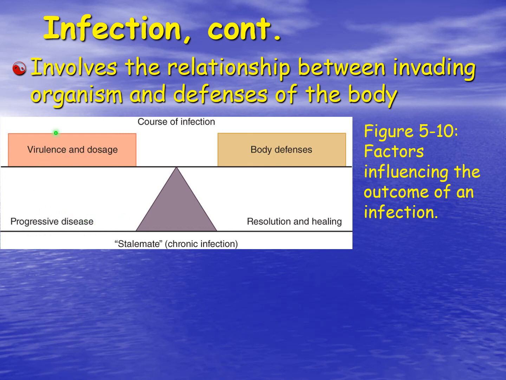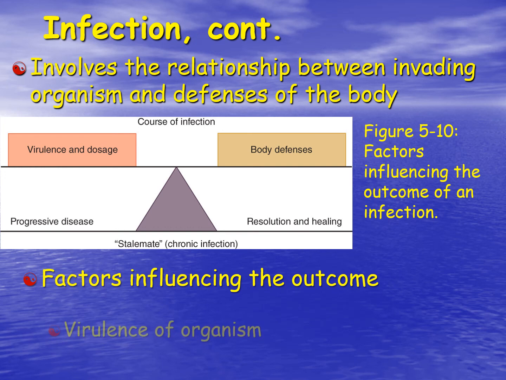Whereas if this is not a very virulent organism and or I have a low dosage of the organism, then the body defenses tend to overcome it and we get resolution and healing. Stalemate between these two, where they kind of remain balanced and neither one is swinging towards the other side, is really that stalemate, and that's when we get chronic infection and chronic inflammation.